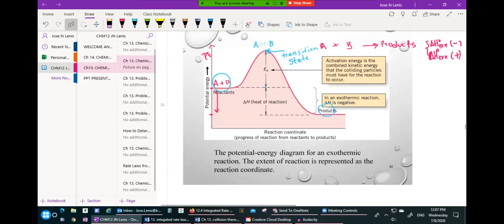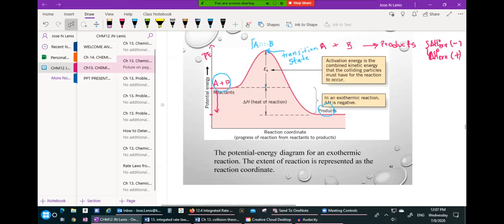So they reach just the right minimum amount of energy to partially break the old bonds and to partially form the new bonds.